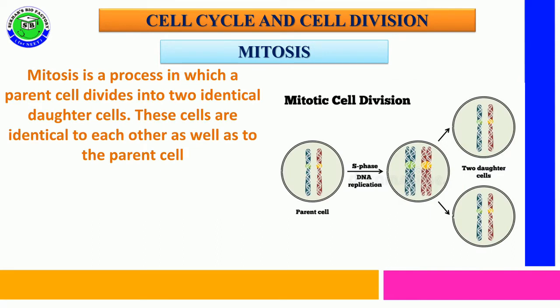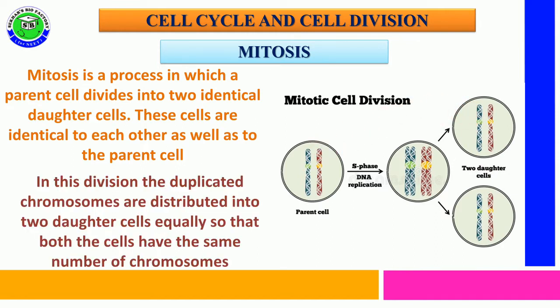Mitosis division is a process in which one parental cell divides into two identical daughter cells, and these two daughter cells are identical to each other and also similar to the parental cell.